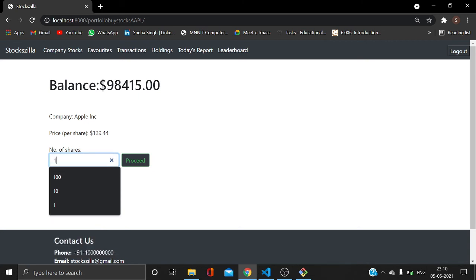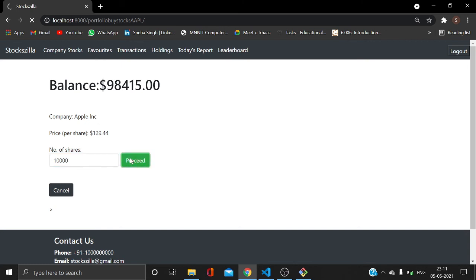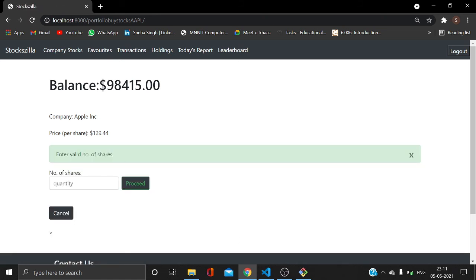For example, if I enter 10,000 stocks of Apple, it will give me a warning to enter a valid number of shares, because the price per share of Apple is $129 approximately. We can't buy 10,000 shares of Apple in our current balance.